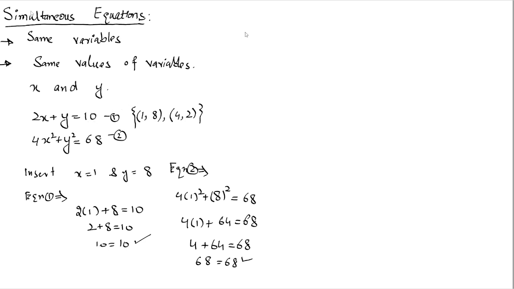Now to find or solve simultaneous equations, the number of equations must be equal to the number of variables. If there are two variables like x and y, we should have two simultaneous equations to find the values of x and y.